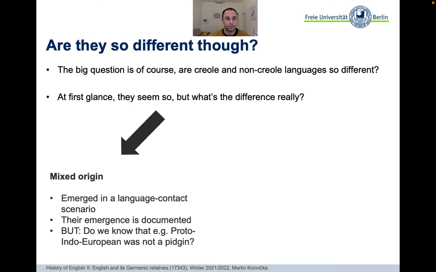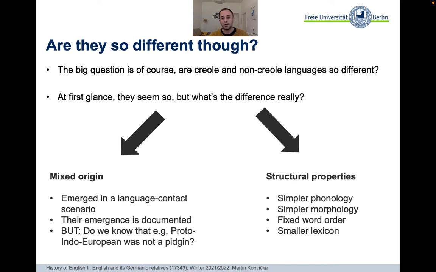So with non-Creole languages, we don't know that much about their origin, whereas with Creole languages and pidgin languages, this happened a lot later, and we know how they evolved, therefore. Okay, so this would be one thing. But again, as I said, we don't know how exactly the other languages, non-creoles, evolved.